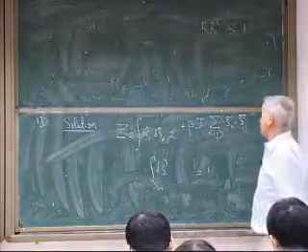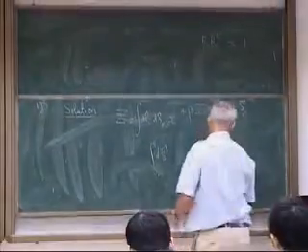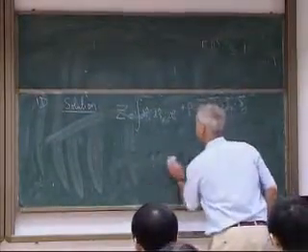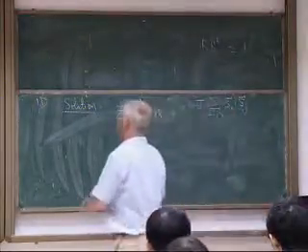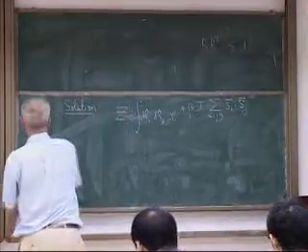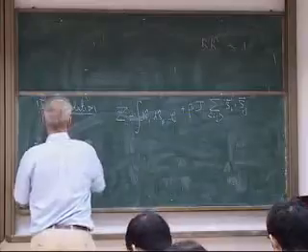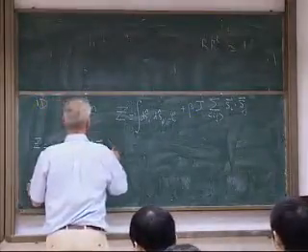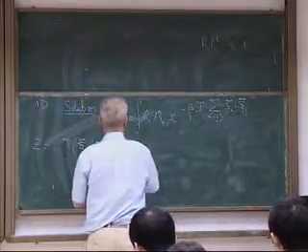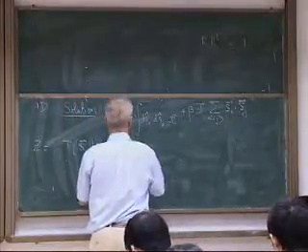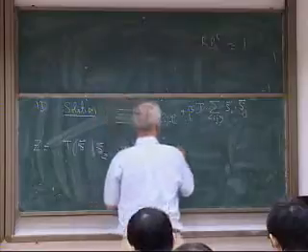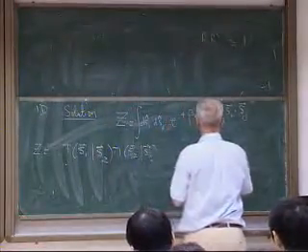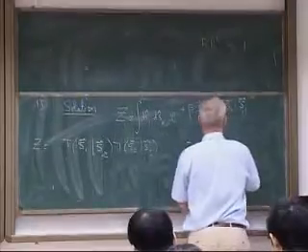So if we are in one dimension, I can write Z equal to T(S1,S2) T(S2,S3) up to T(S_{N-1},S_N).